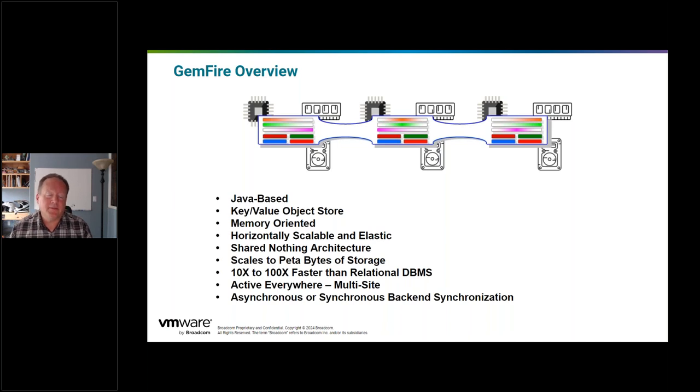In fact, some customers just use GemFire because they're traditionally a SQL company, but it takes so long to do that ORM mapping. So they store all their objects in GemFire and only use the backend databases for the old legacy applications that they can't move forward.